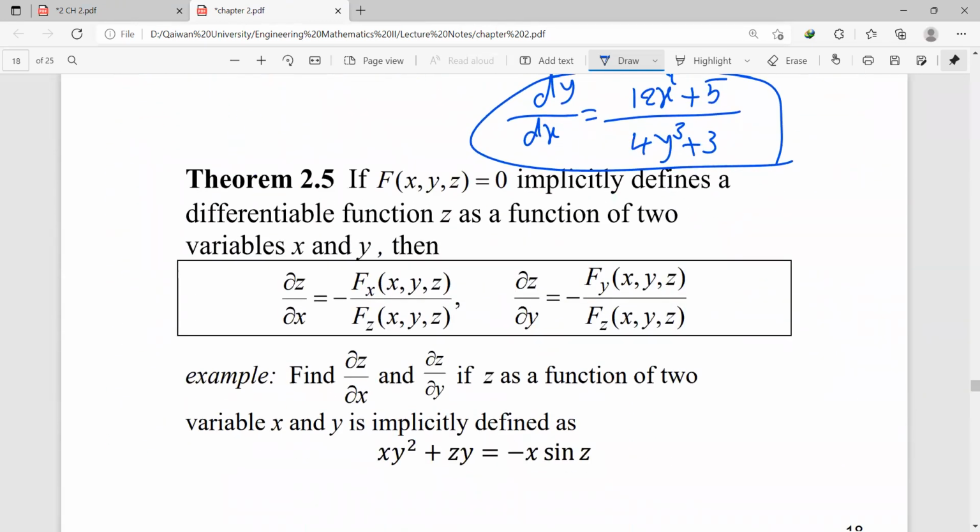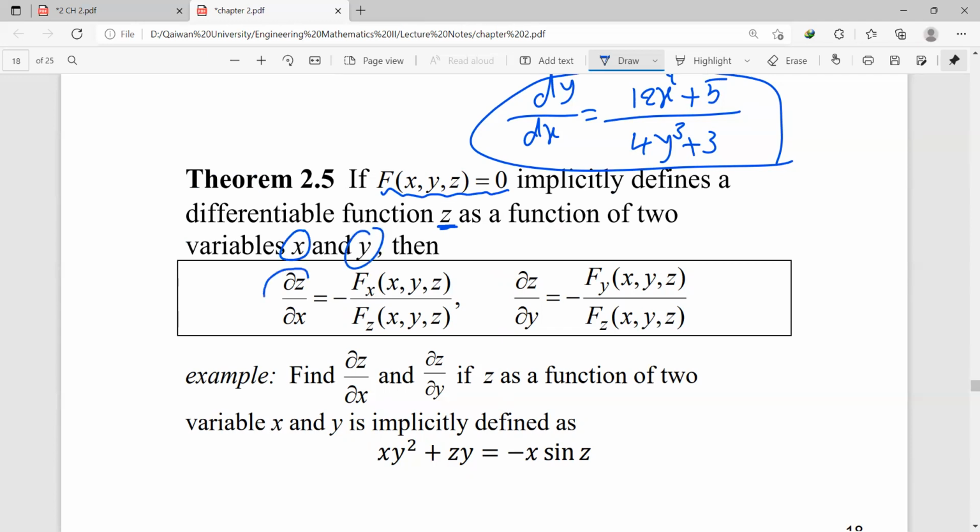If you have more than two variables, let's say capital F of x, y, z equals 0, which implicitly defines z as a differentiable function of two variables x and y.